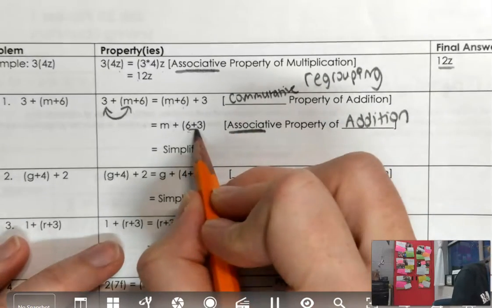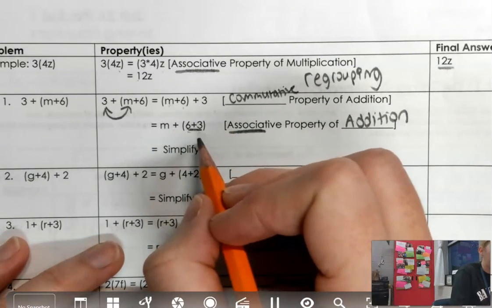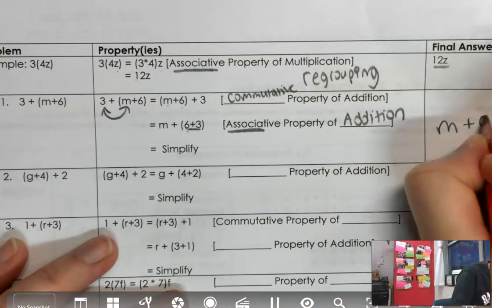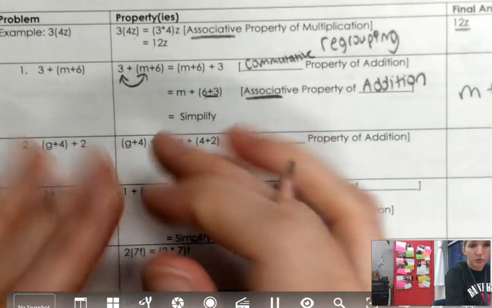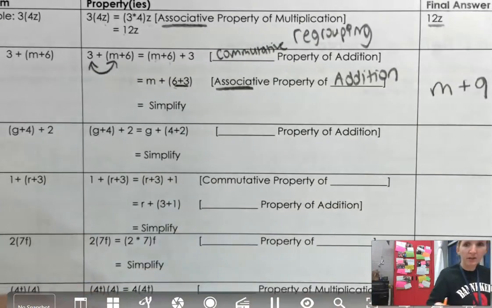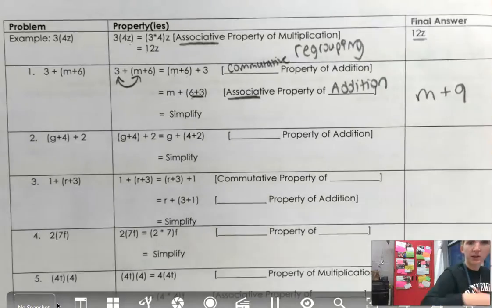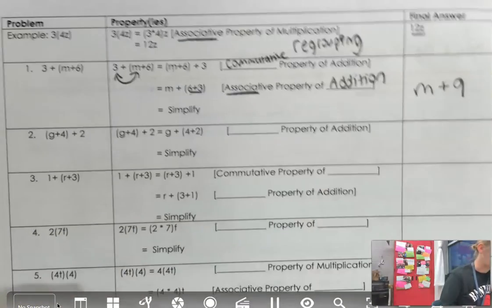So now we just regrouped the like terms together, the constants. So 6 plus 3 is going to give me 9. So my simplified answer is m plus 9. So these are things that we already know how to do. We learned them in Unit 1. Let me zoom out just a little bit so you can see the whole thing. We're basically just naming the algebraic property that goes with it.